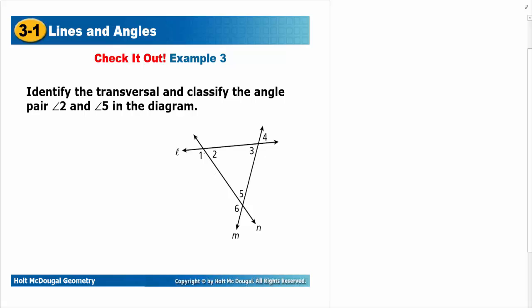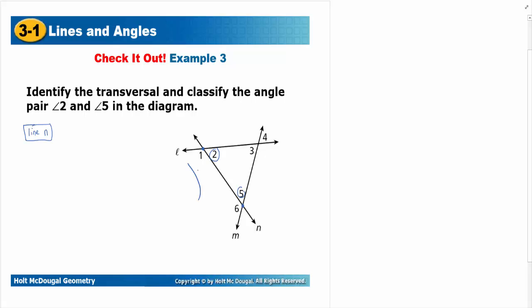All right, so angle 2 and 5. Again, you see these 2 points; these are the 2 vertices that we have. So we're looking at line N as your transversal. Then we're looking again at angles 2 and 5.